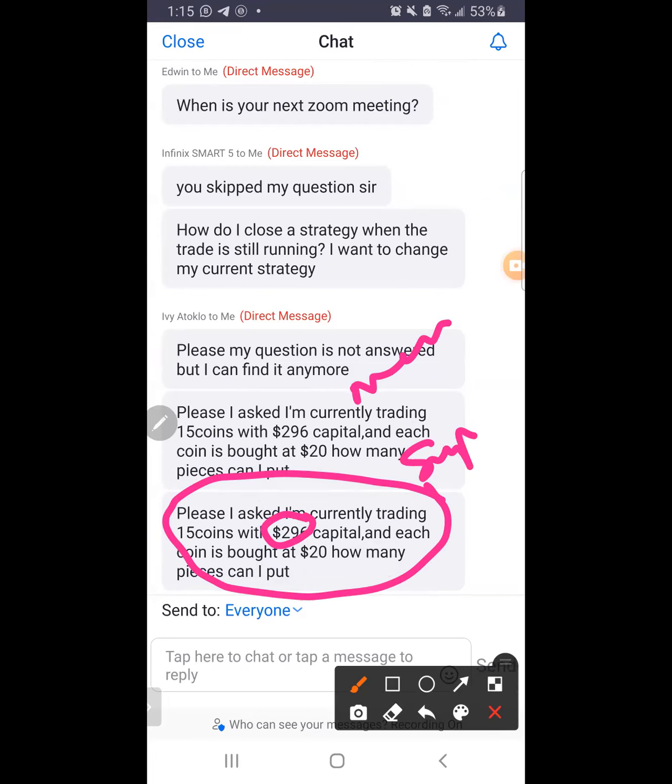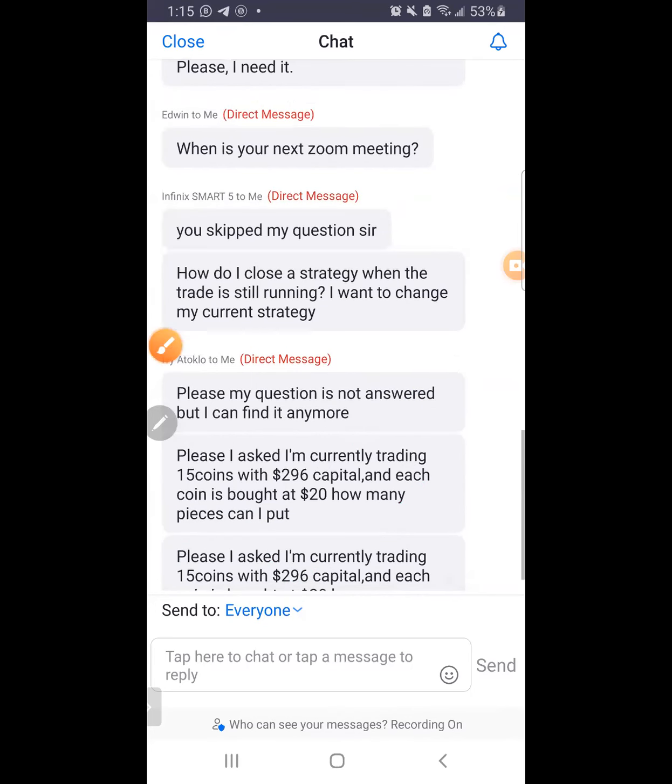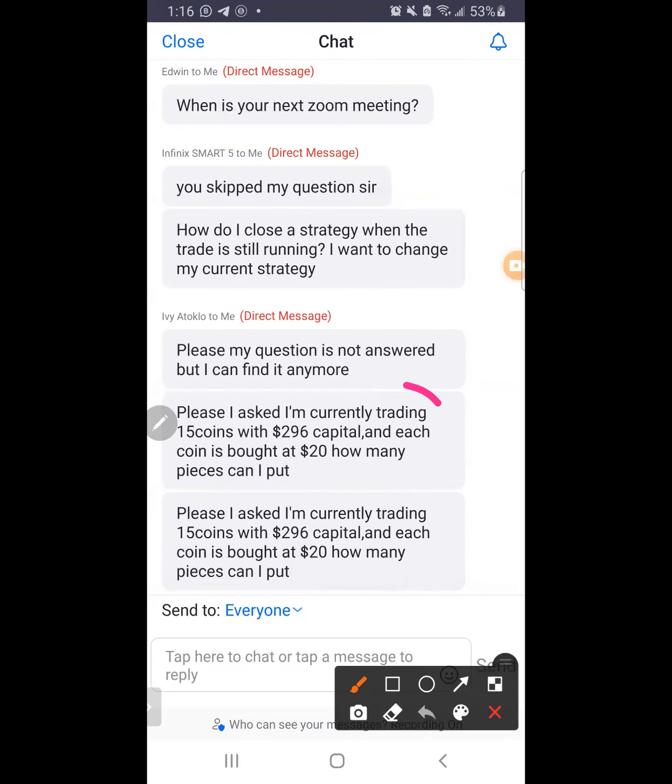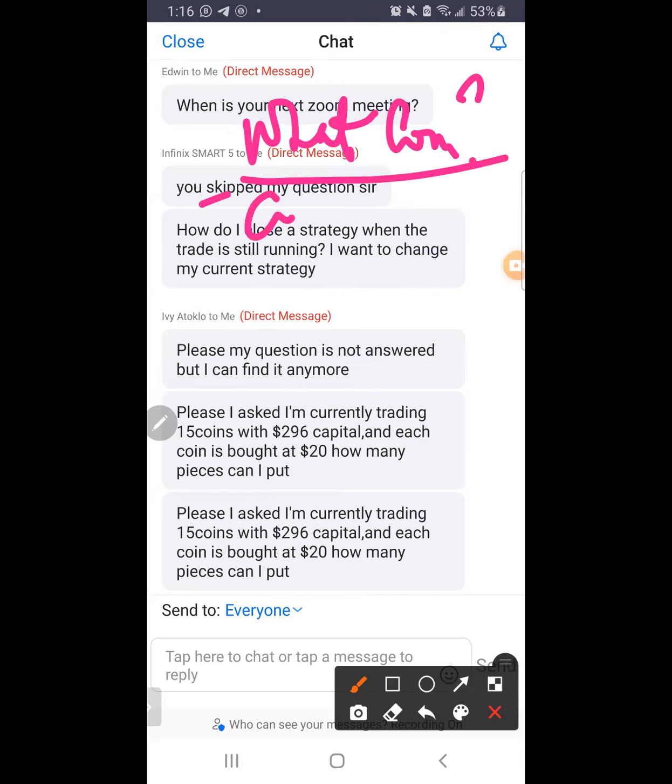So, like I said, it is not just about this. It's not about the number of coins that you use. It is basically about how you calculate it. The things you consider are what coin moves, and to do this you study the coin charts.